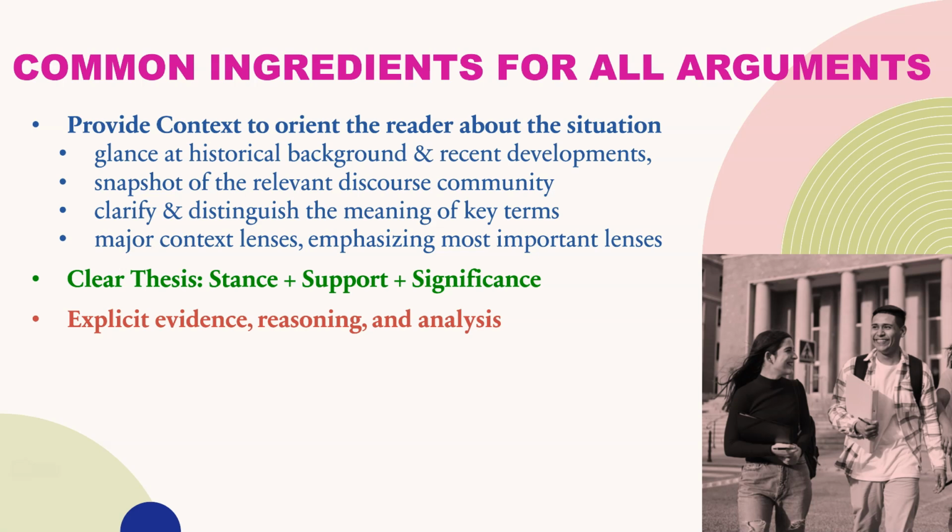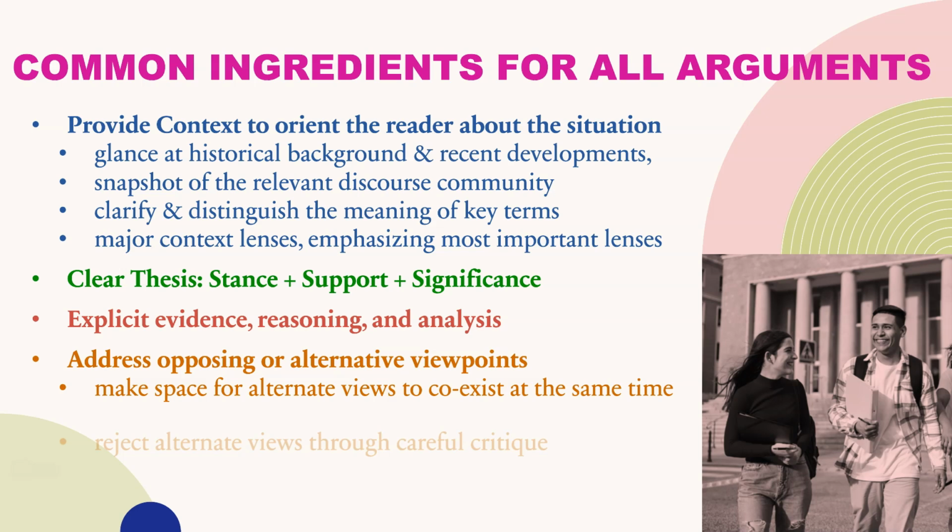And analysis. How does this piece of my discussion, how does this claim, evidence, and reasoning support the larger significance of my thesis? So keeping that in mind, no matter how you format your work.